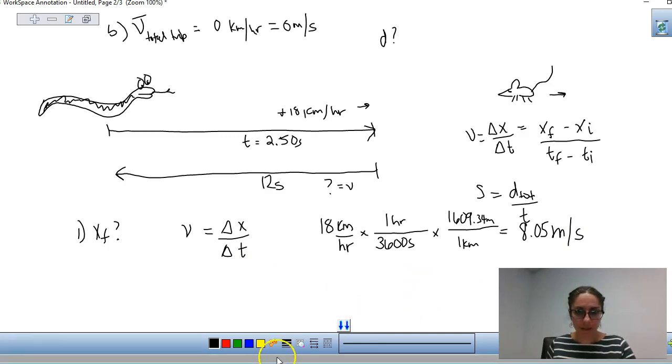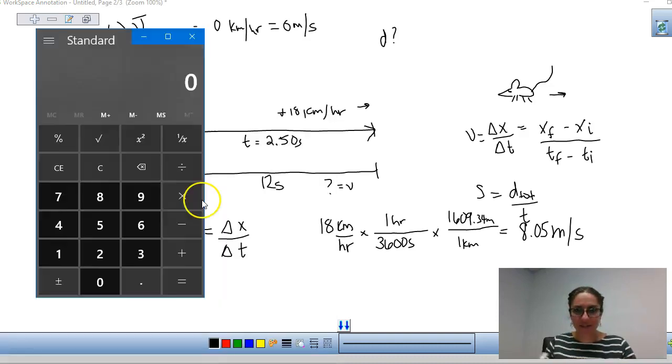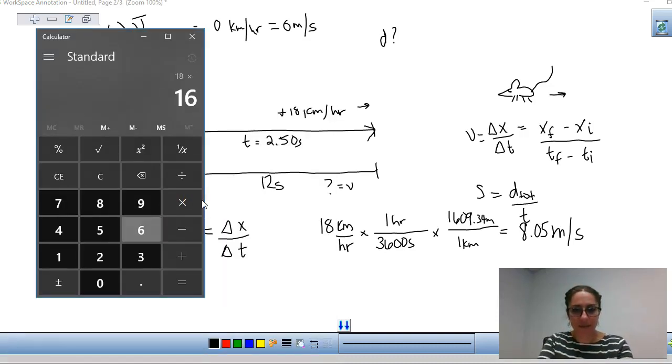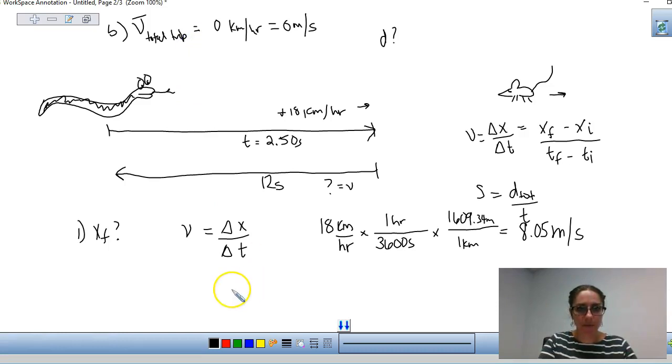And then double checking, just because I'm on video, allow me to just double check that again. 18 times 1609.34 divided by 3,600. Okay, yeah. Perfect. So this represents my average velocity during this trip.